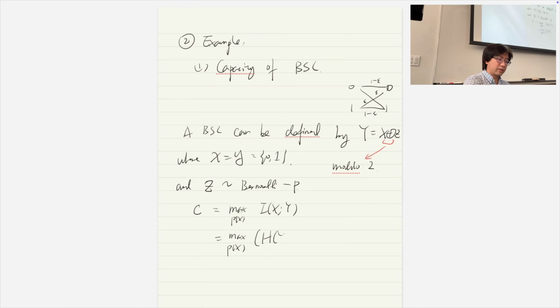So here, let's say we do H(y) minus H(y given x). The benefit of doing this is that H(y given x) is easy to compute, but H(y) is not so easy to compute.